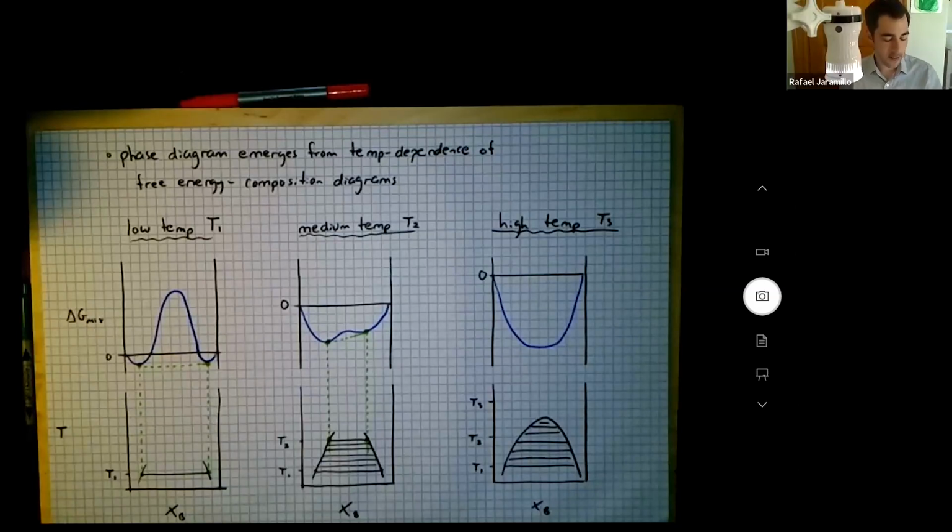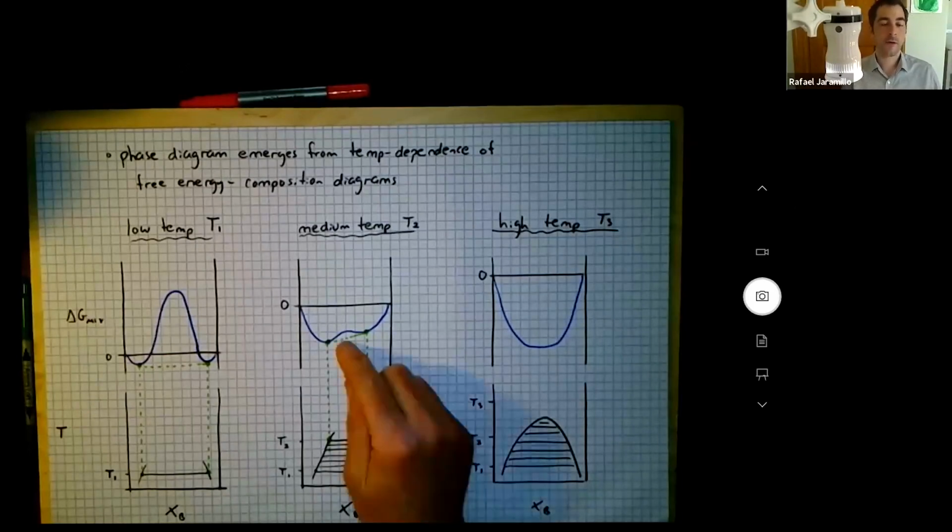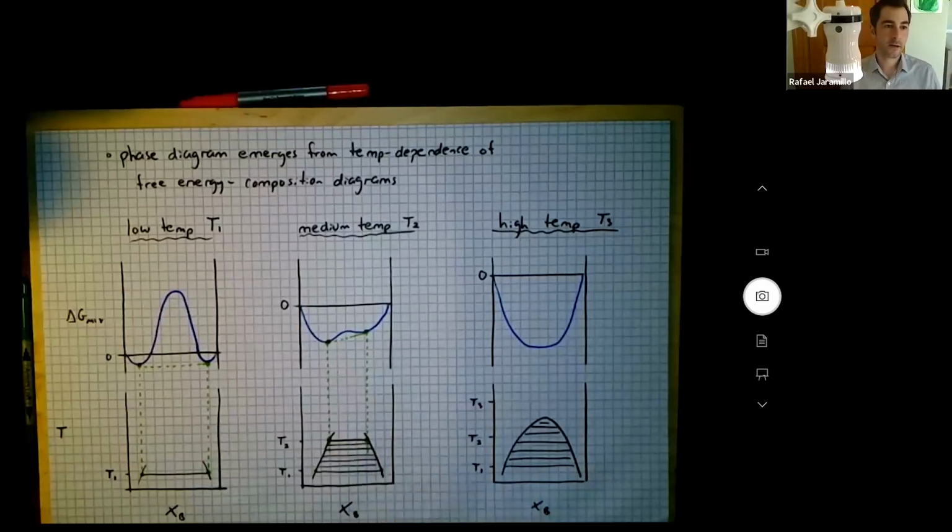Now, we can infer a lot of things about kinetics from the phase diagrams. And we can also infer things about kinetics from the driving force for phase segregation. That goes beyond the scope of the class, but kinetics is really interesting, and it starts from this point.